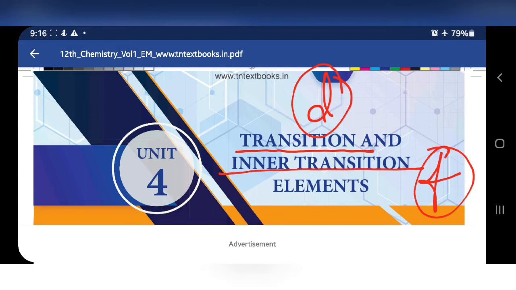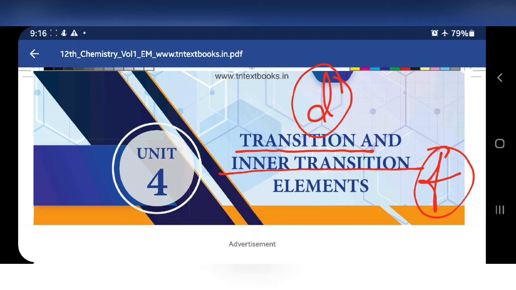Already you know, the periodic table is separated into 4 blocks: S block, P block, D block, F block. In 11th standard itself you studied about S block elements. So in your 12th, we are going to study about P block, D block and F block.